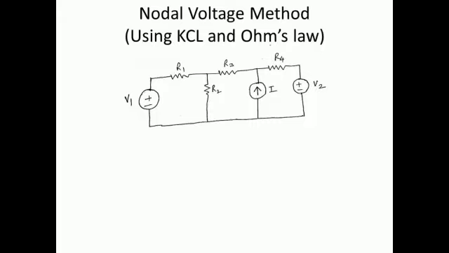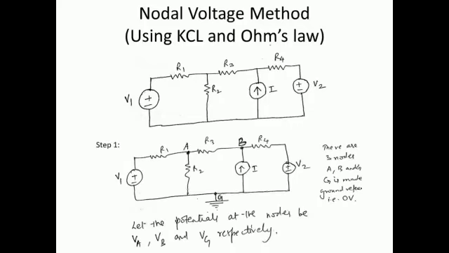For example, in the given circuit, there are three nodes, namely A, B and G. Here G is made the ground reference, that is the 0 volt node. And let the potentials at the nodes A, B and G be VA, VB and VG respectively.